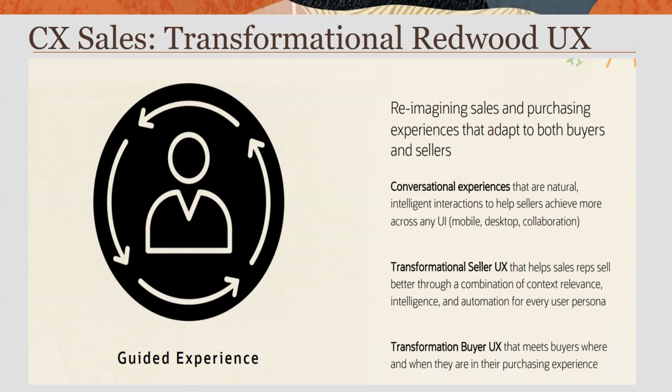We can use some automation steps to provide the next action. So all this is a guided experience. With this guided experience, sales reps will be able to sell easily. And in the same way, the buyer will also experience the same experience.